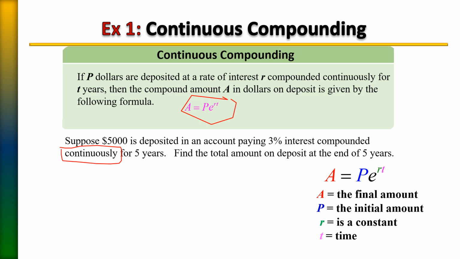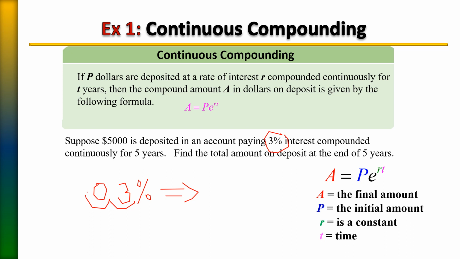We were given that $5,000 was invested, so we remove the P and replace it with 5,000. The interest is 3%, written as a percent. You can write it as a decimal by moving the decimal place 2 places to the left: 1, 2, insert a 0 and a decimal and get rid of the percent symbol.